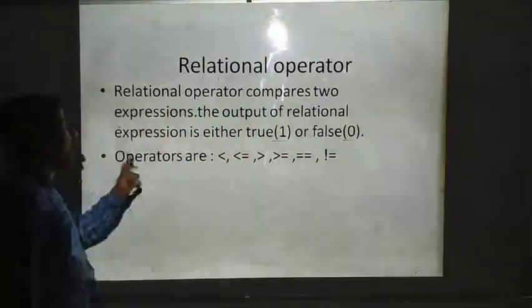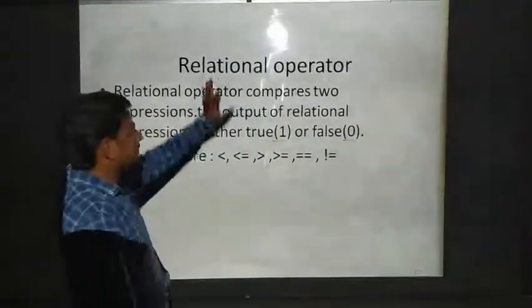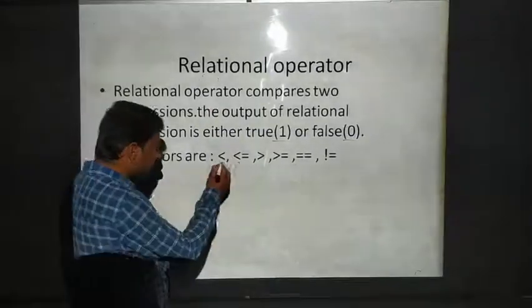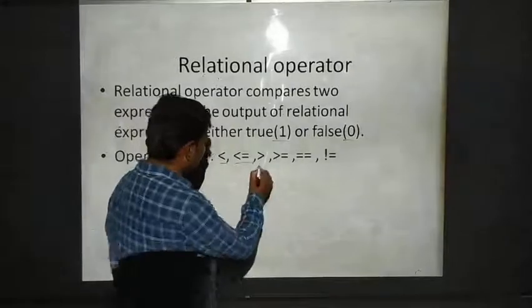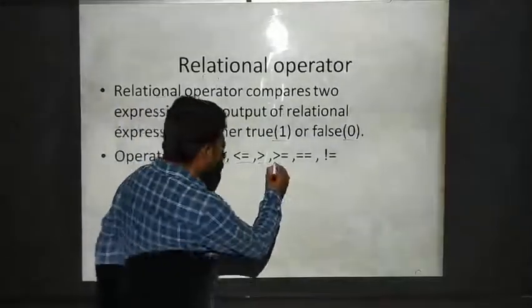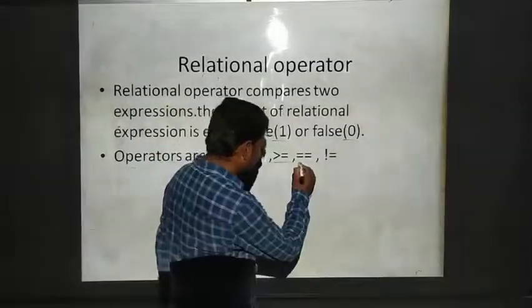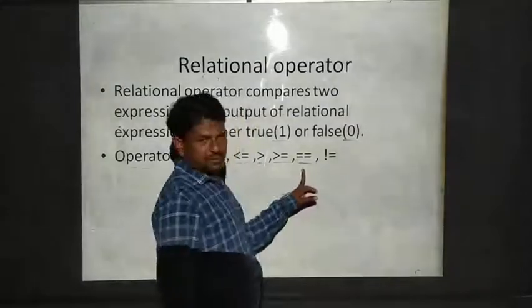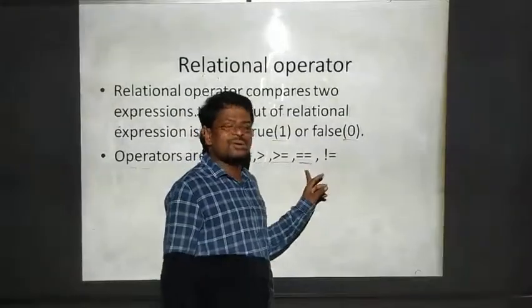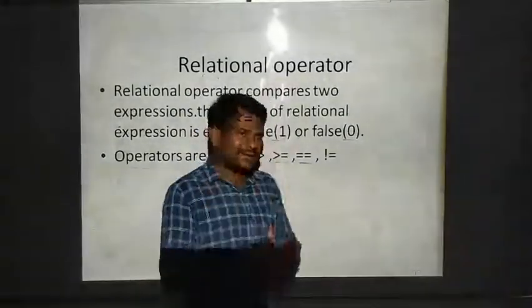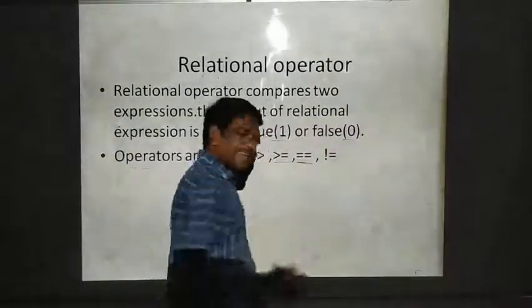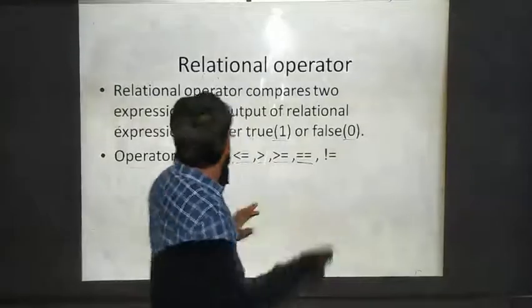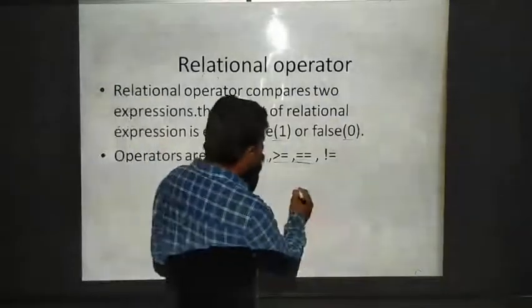Now, what are the relational operators? Less than or equal to, greater than or equal to. Here it is equal to: the double equal to symbol checks whether it is equal to some value, whereas we cannot give a single equal to.